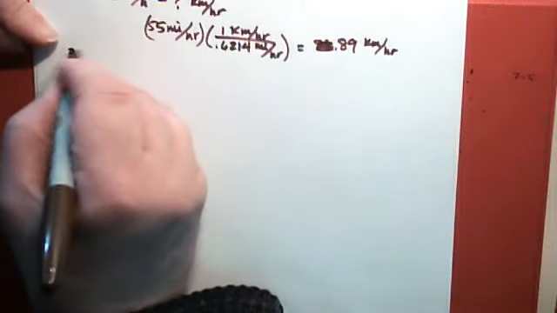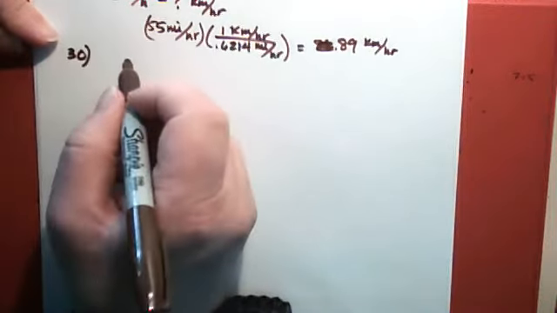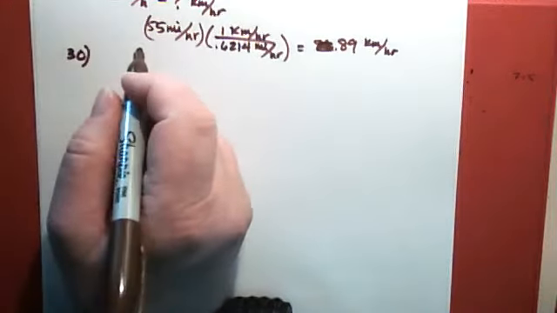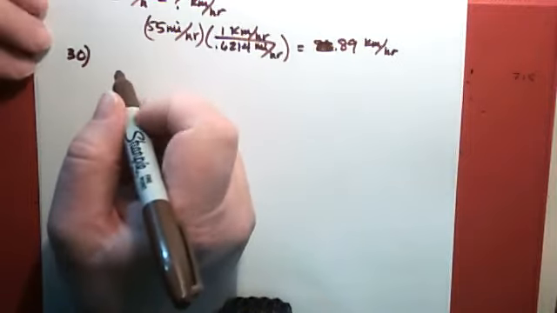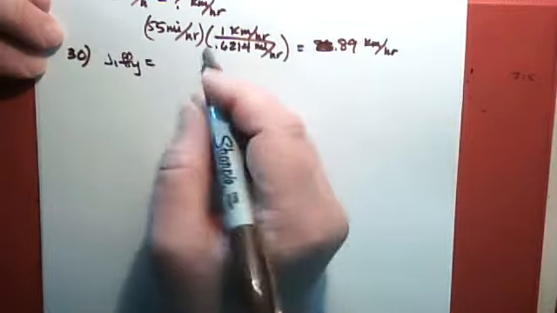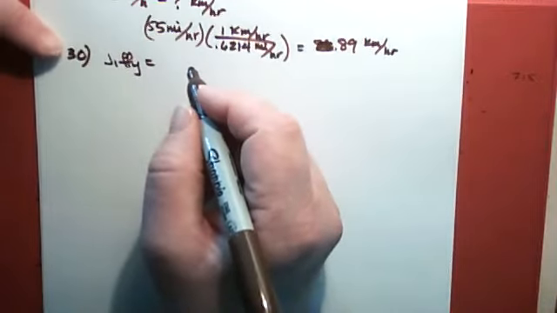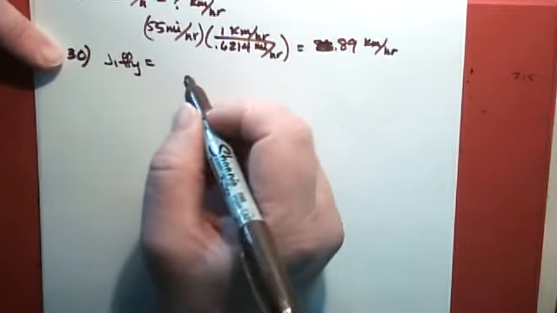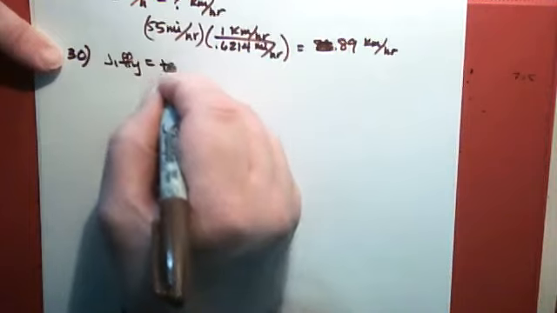Number 30 involves a fictitious unit called the jiffy. And the jiffy is supposed to be the time it takes light to travel 1 centimeter.